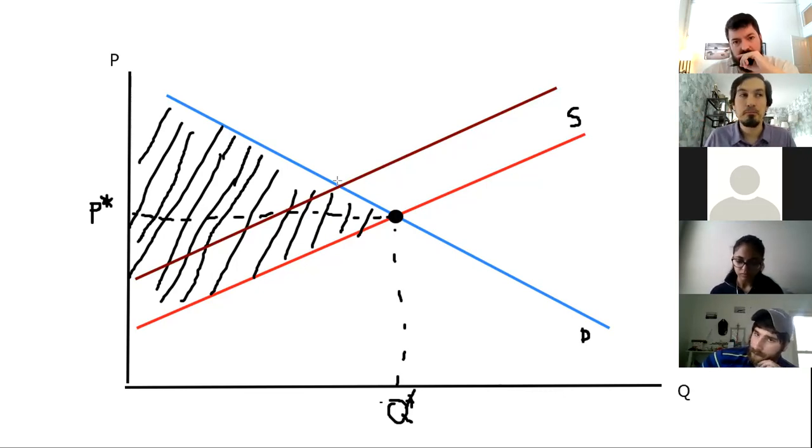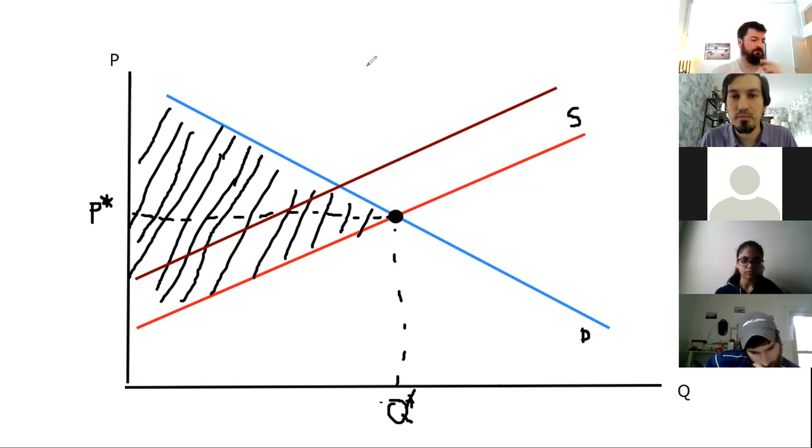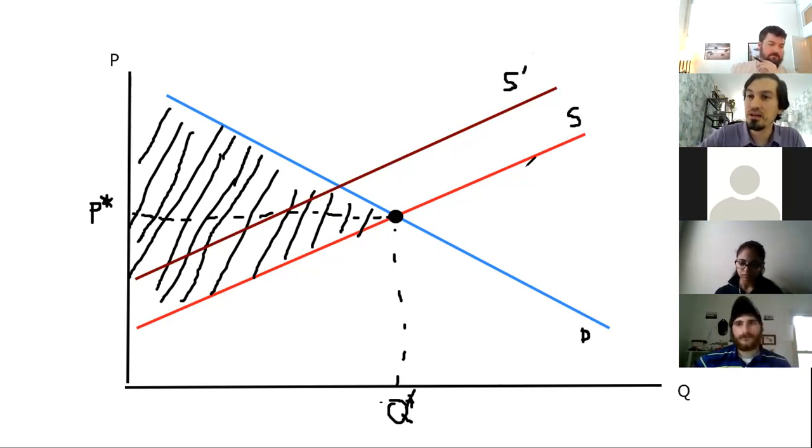It means the total costs imposed on society are represented by this dark red line. Sometimes you might see that as an S prime, so I'll just call it S prime. S prime is the supply curve including the negative externality caused by this particular good.